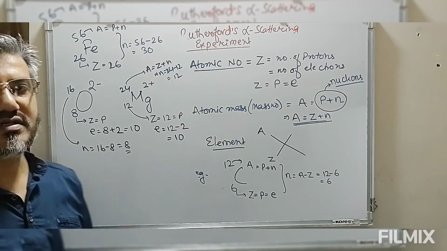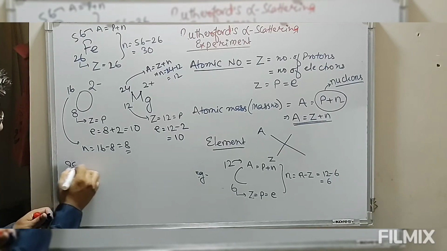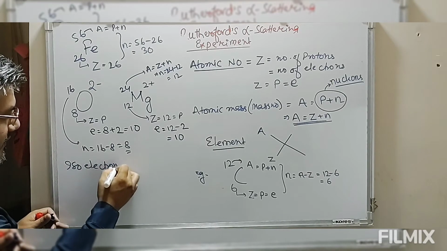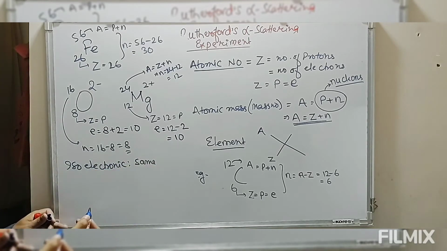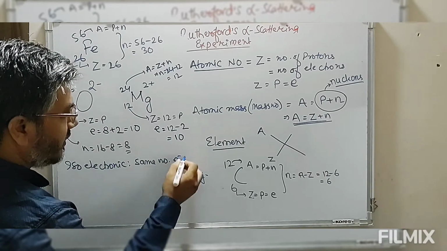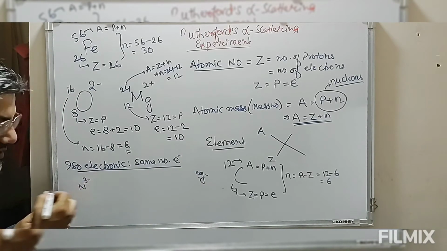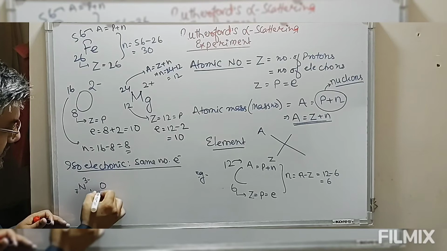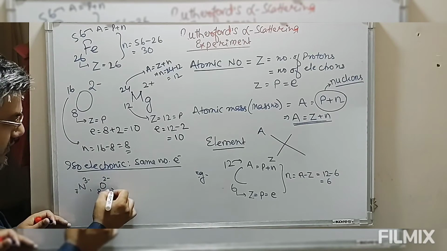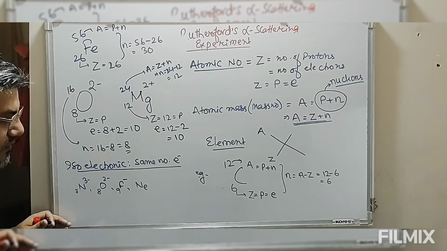If the number of electrons is the same, then this is known as isoelectronic. Isoelectronic means same number of electrons: ions or species having the same number of electrons. Take N3 minus, nitrogen atomic number 7, 7 plus 3, 10. Then O2 minus, then F minus, then neon 10.